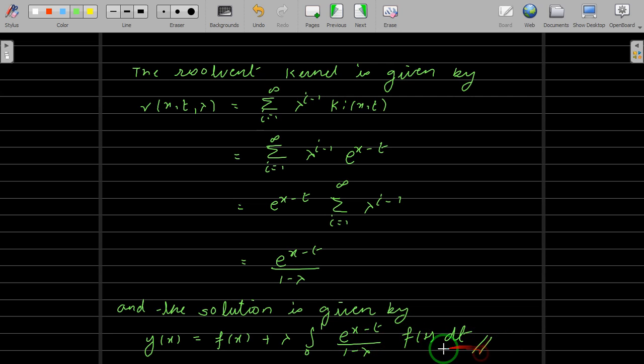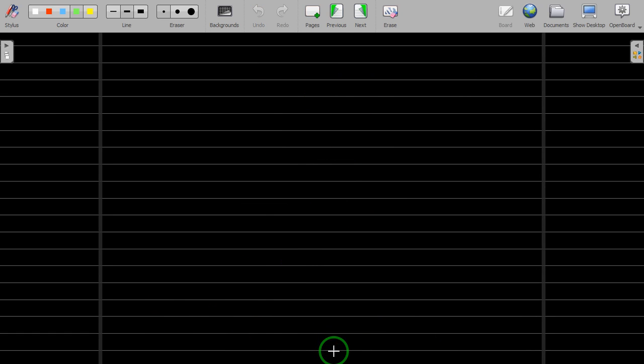So this is how we got the solution, and we got the resolvent kernel. Next, I will give some examples for you to solve. You try it.